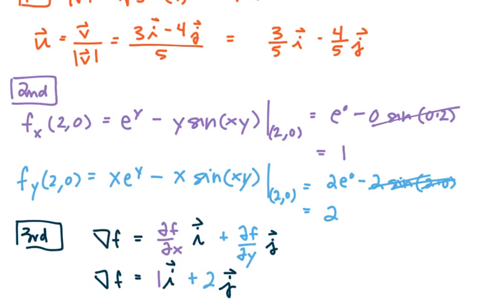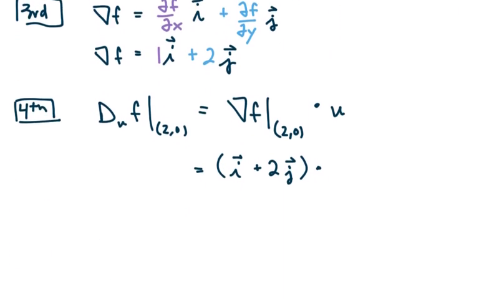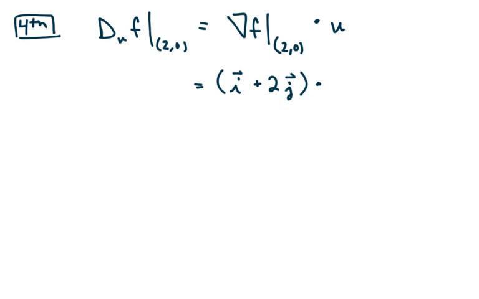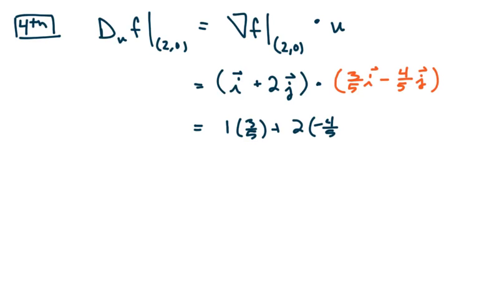Recall we found u up here, 3/5 i minus 4/5 j. And that dot product is just going to be 1 times 3/5 plus 2 times negative 4/5, or 3/5 minus 8/5, which is negative 5/5, which is negative 1.